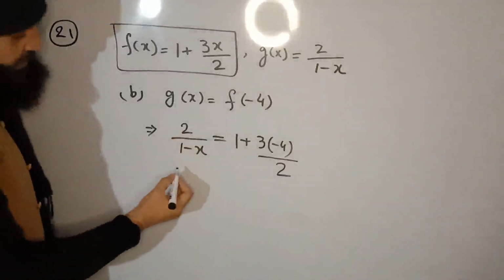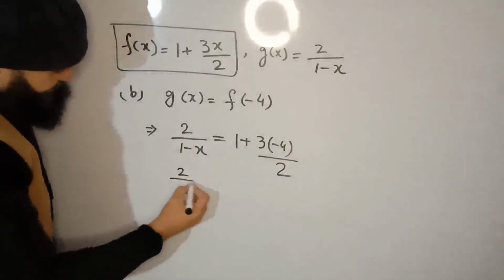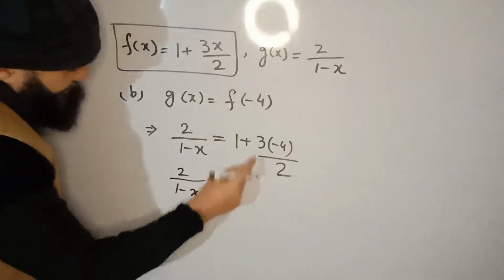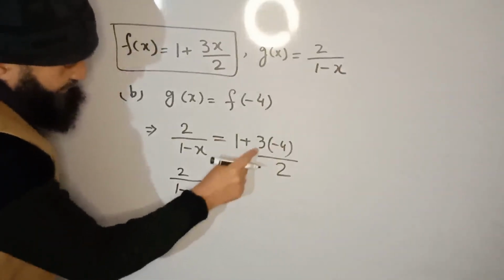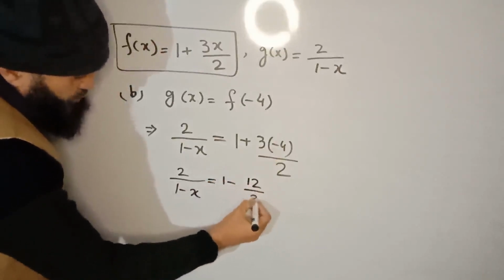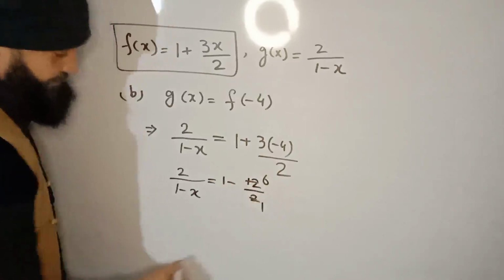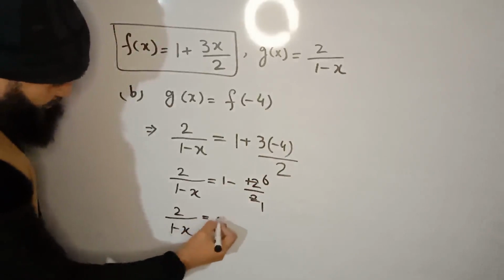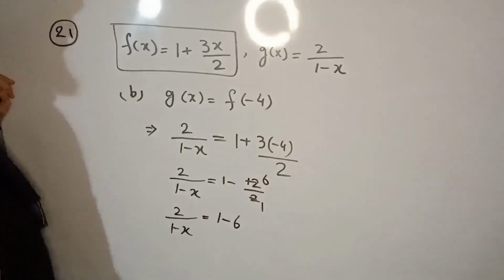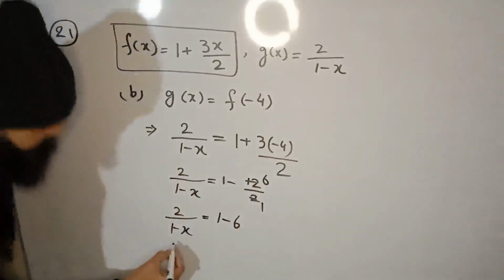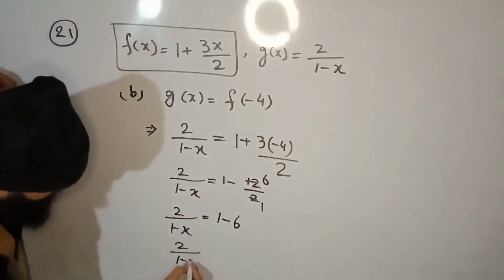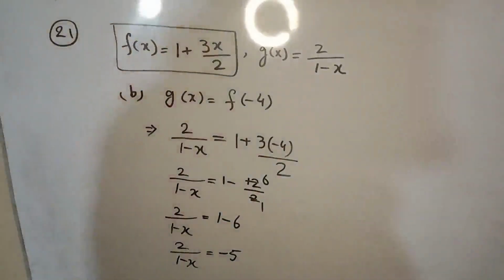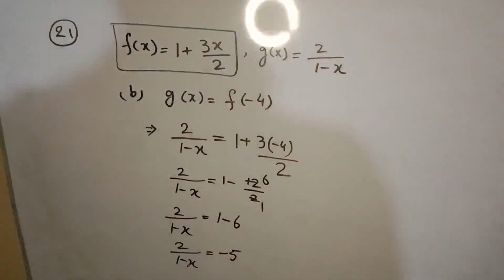It is very easy. 2 over 1 minus x is equal to 1 plus minus 3 4s are 12 over 2. 2 6s are 12, so it will become 2 over 1 minus x is equal to 1 minus 6. Or you can write it, 2 over 1 minus x is equal to minus 5.